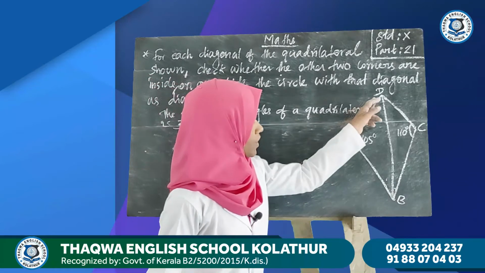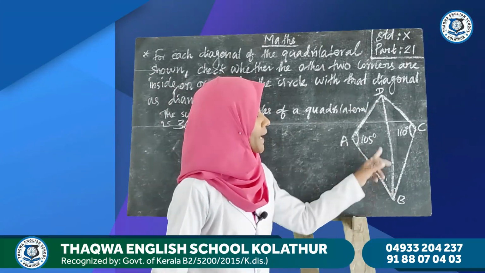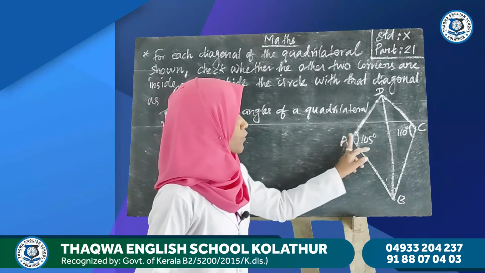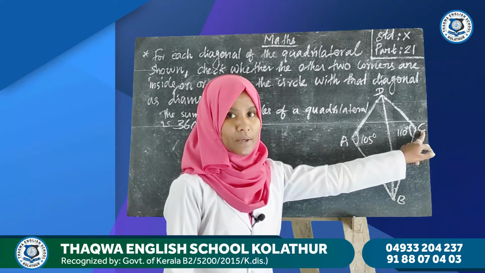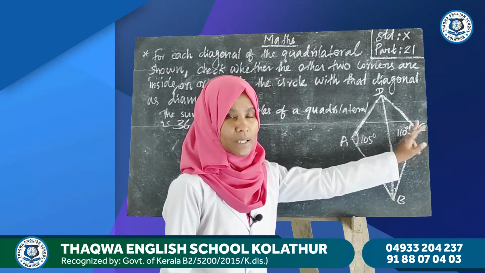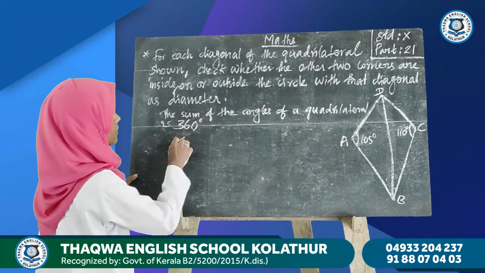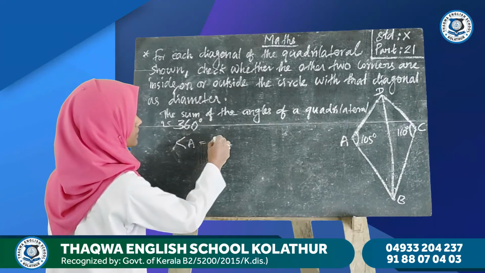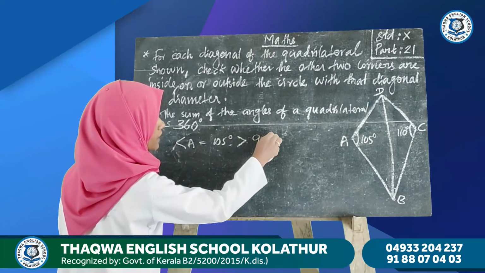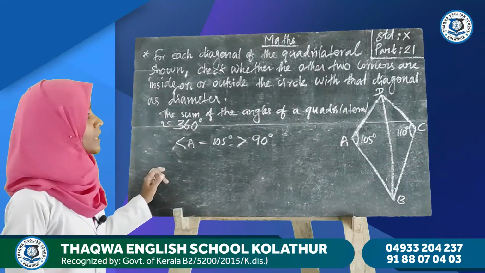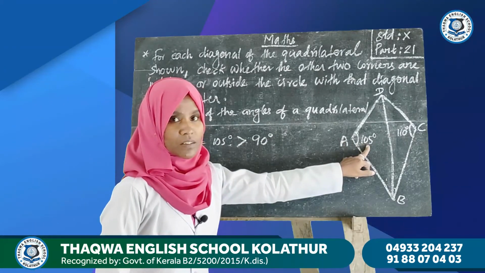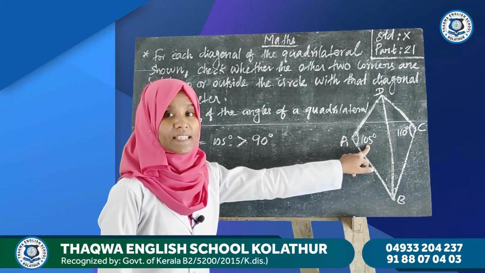Next, draw the other diagonal BD. Now, we have to find out the positions of the vertex A and the vertex C. Angle A is 105 degrees, which is larger than 90 degrees. Now can you say where is angle A? Angle A is inside the circle.